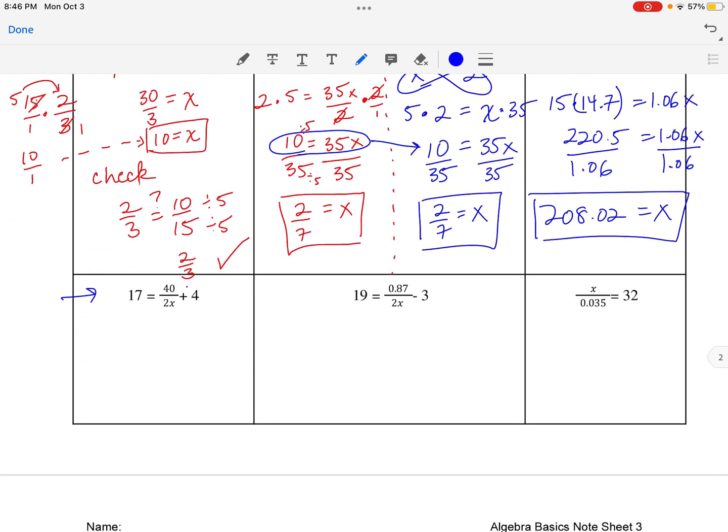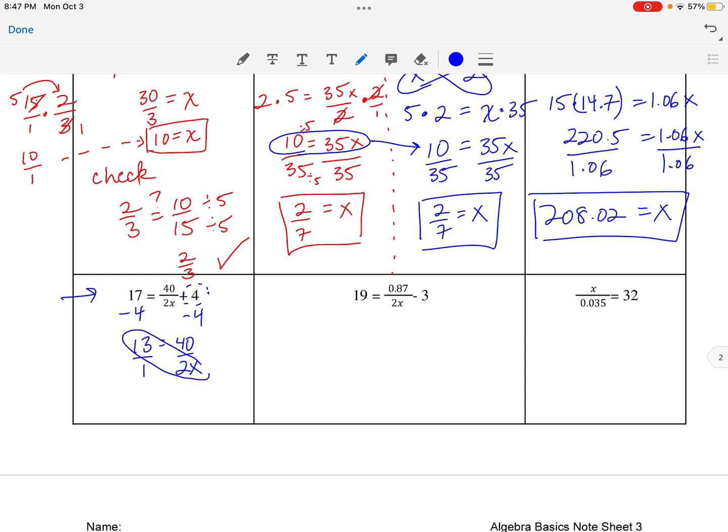So I'm not there yet because I have this other term, this 4 added. So we're going to need to move that over to the other side first. So we're going to subtract 4 from both sides. And that's going to get us 13 equals 40 over 2x. Now it's not quite a fraction equals a fraction yet, but we can easily make it that by putting the 13 over 1. Putting any number over 1 makes it a fraction without changing the value.